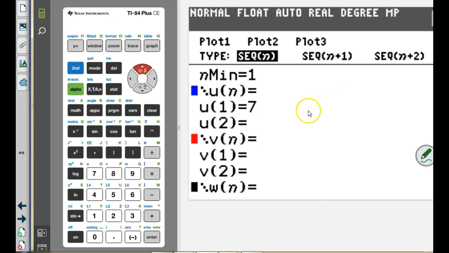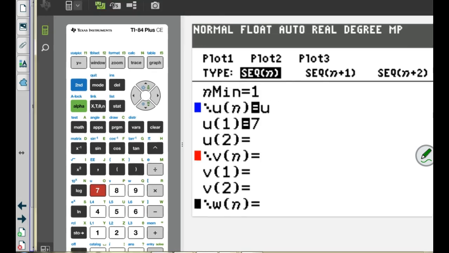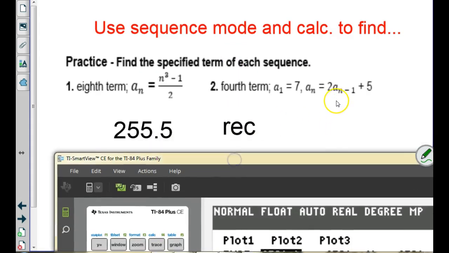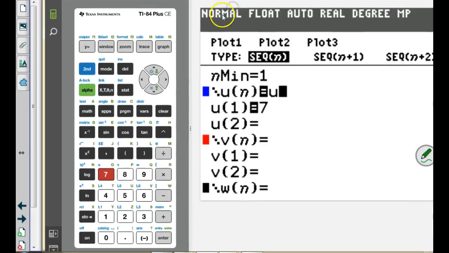The u that you're going to use, because these all use, well, this is u, this is v, okay? But the u you're going to use is this u above the 7. So second 7. And then we're going to put in, oh, it's supposed to have a 2 in front of that, my bad. 2 u sub n minus 1 plus 5. I'll go back here and put a 2.